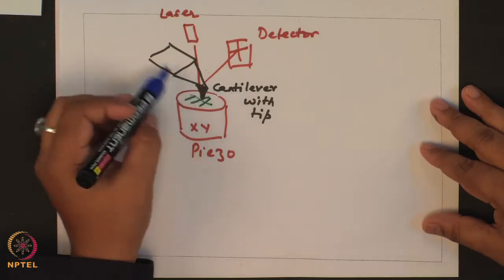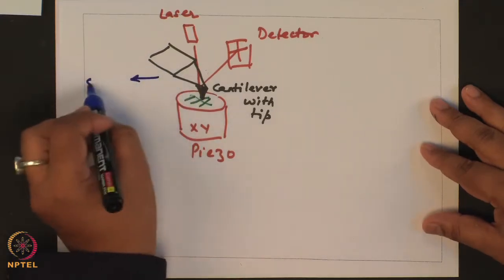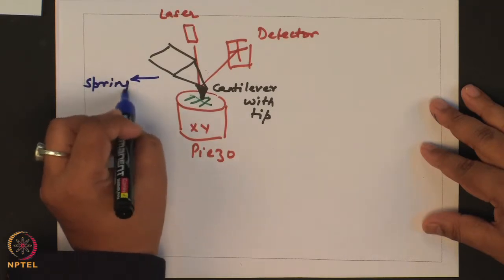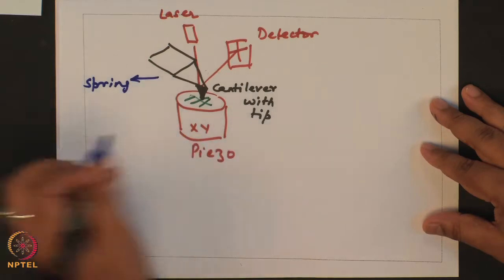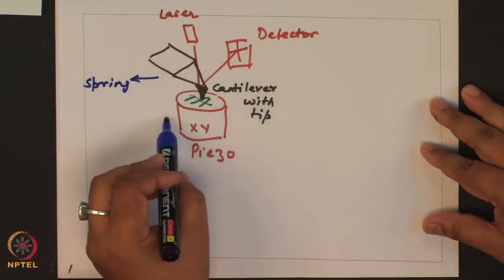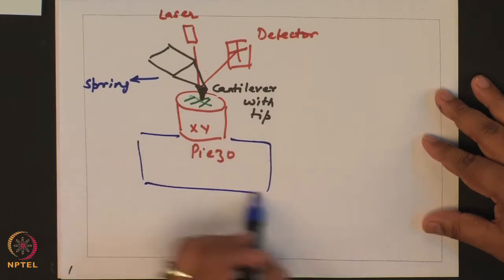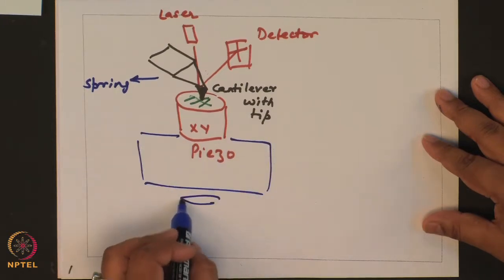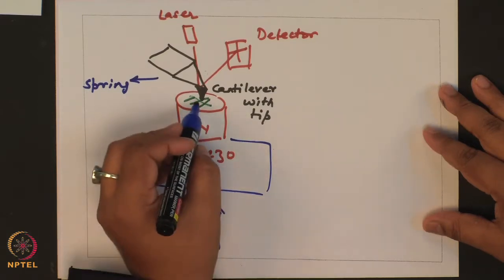For an AFM you have a tip which is attached to a cantilever. This cantilever acts like a spring, and you have the sample which is resting on an XY piezo. This whole setup is mounted on an inverted microscope, so you have your objective below and you can watch your sample.